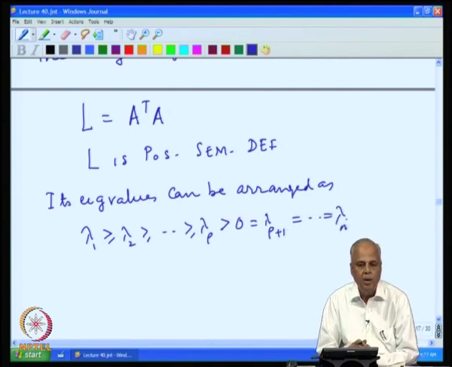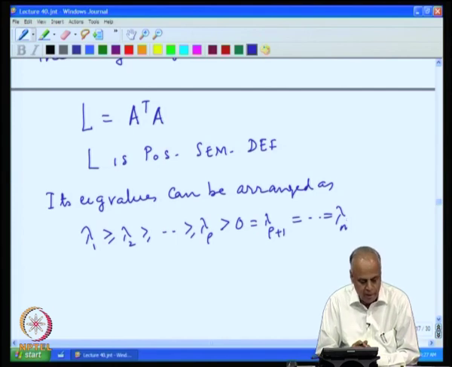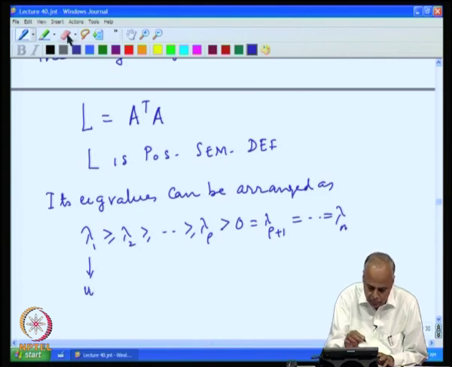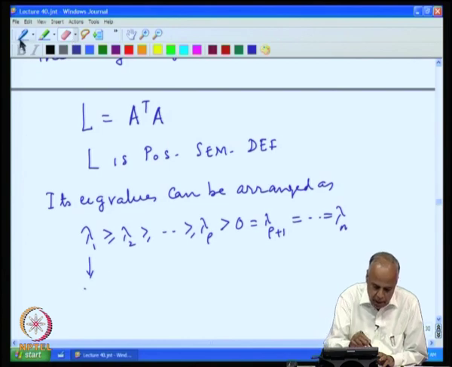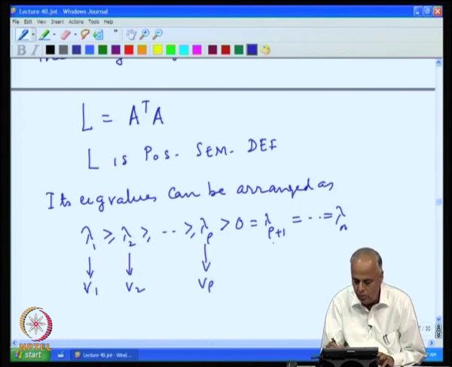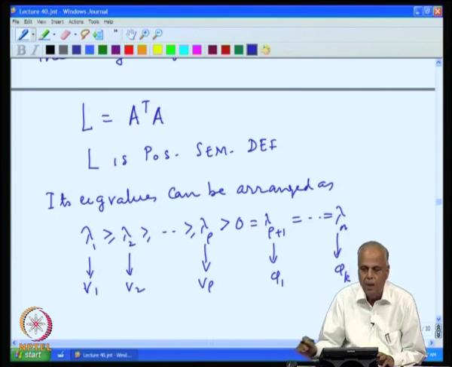When we dealt with positive semi definite matrices, we found that their eigenvalues can be arranged in this format, and corresponding to this we will get the eigenvectors, orthonormal eigenvectors, which we call V1, V2, ..., V rho, and the remaining are the eigenvectors corresponding to the null space.